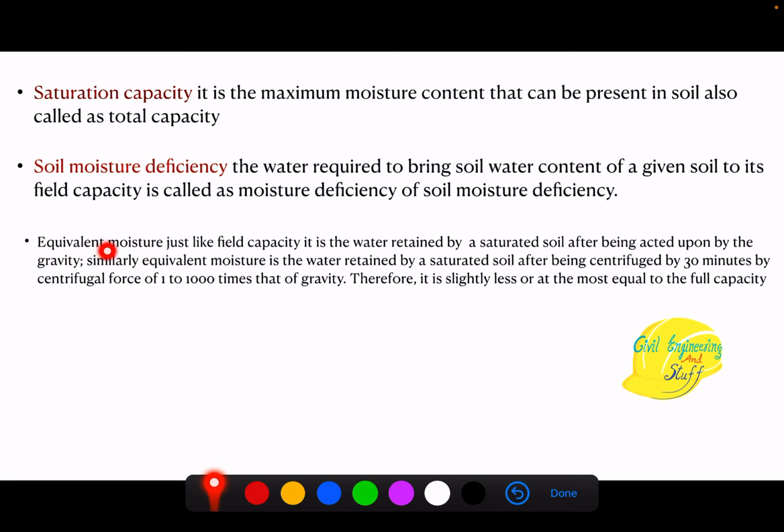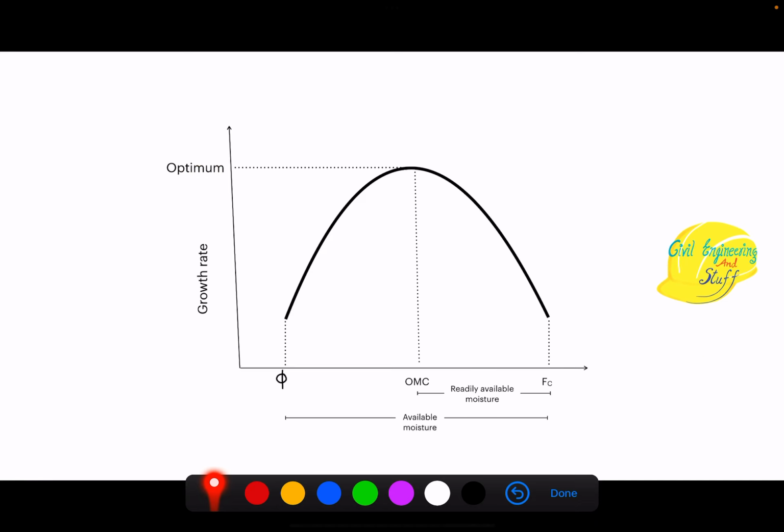It is the same thing, except instead of gravity the water is drained out because of the centrifugal force applied for 30 minutes. So after that, whatever water remains, we refer to as the equivalent moisture content.